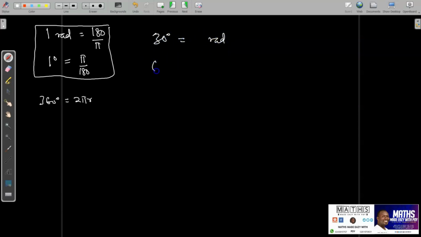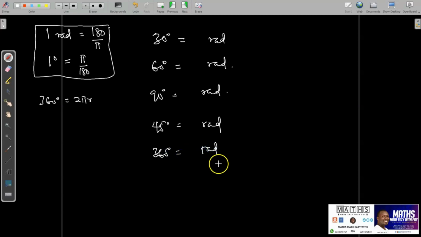You may have 60 degrees, 90 degrees, 45 degrees. You should know these in radians. Likewise, you may have 360 degrees, and then 180 degrees. You should know them in radians.